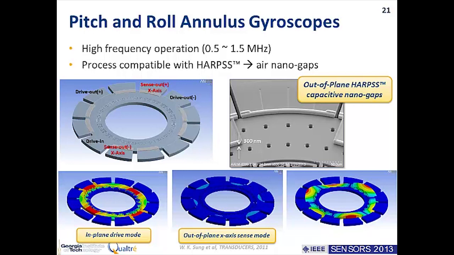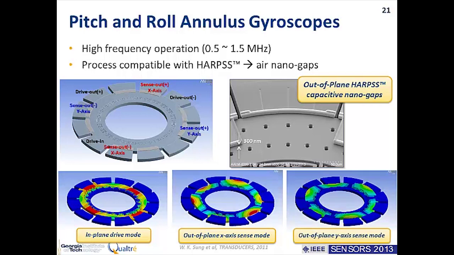And then you can basically utilize out-of-plane electrodes to detect that change in displacement that is going to be proportional to your rate. And then if you use a mode that is orthogonal to the one that you're using to detect x-axis rotation, then you can implement a y-axis gyro, actually using the same structure.